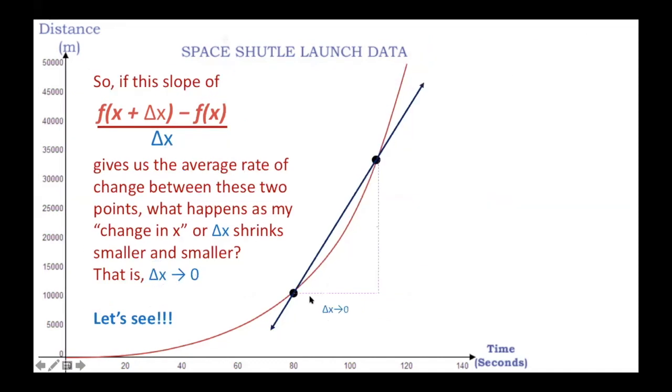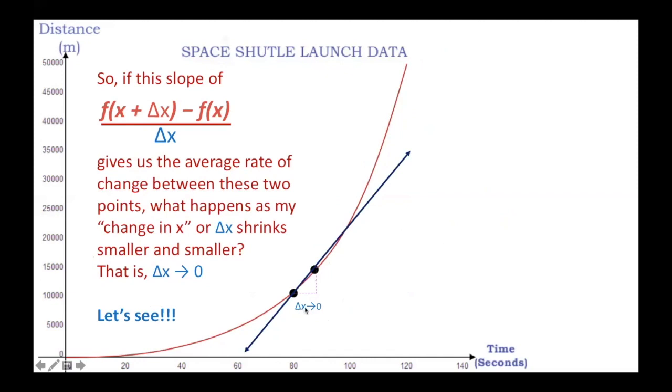Here you'll see that I made this distance here, delta x, a little bit smaller. You can see these 2 points got closer together and there's less space between the secant line and the curve. Now I made delta x even smaller. These 2 points got closer together and there's even less space between the secant line and the curve.